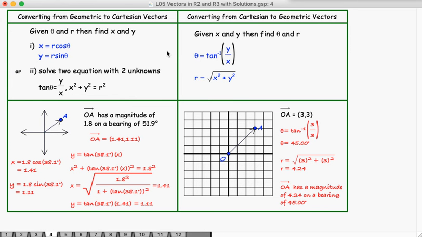Now that we know the difference between an algebraic and a geometric vector, we're going to need to be able to convert back and forth between the two of them.